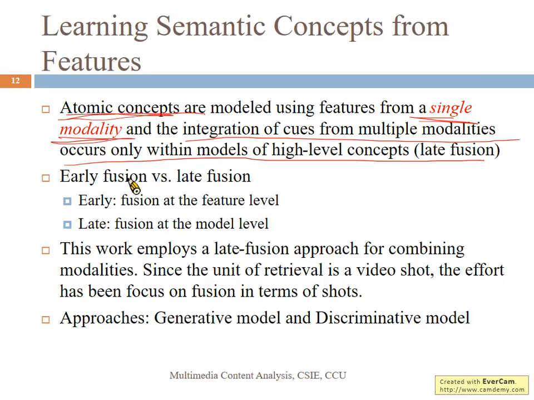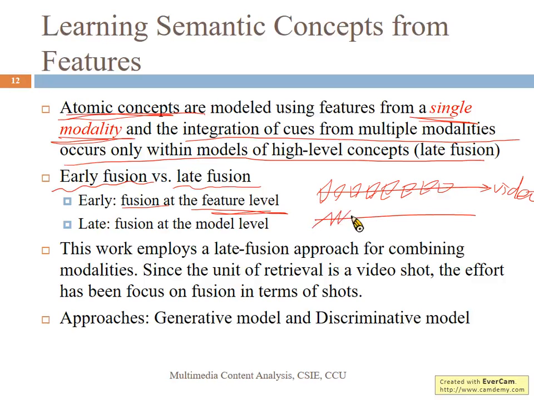There may be two types of fusion. One is called early fusion, another is called late fusion. The so-called early fusion is that we fuse at the feature level. Imagine that we have a video, and for each video we can have many video frames, as well as the accompanying audio sound.